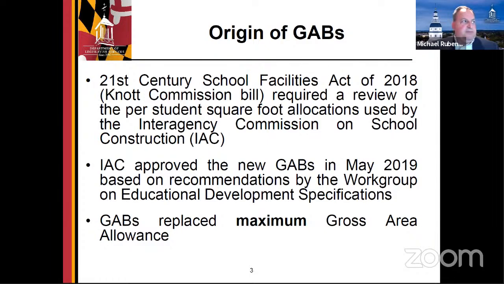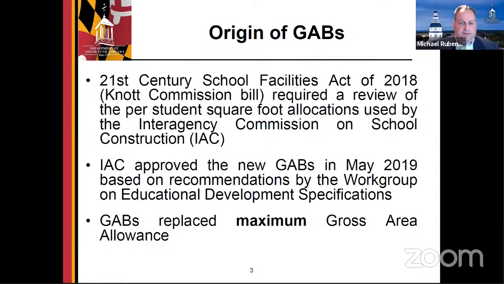And there was some testimony before the commission that those allocations were not in line with the educational specifications used by the School Facility Bureau in the MSDE. And so the charge was to look at the per student square foot allocations in conjunction with the educational specifications used to guide school construction and school design.